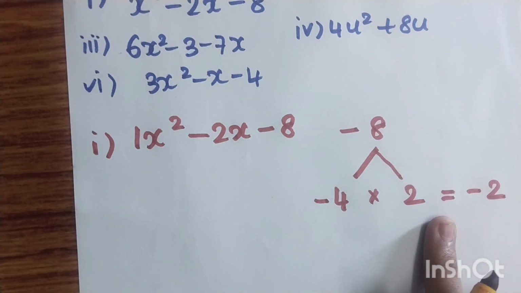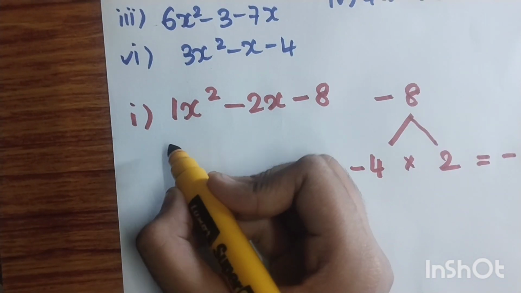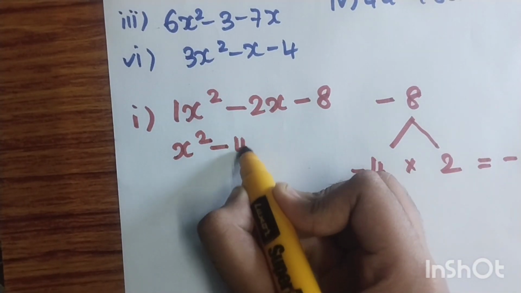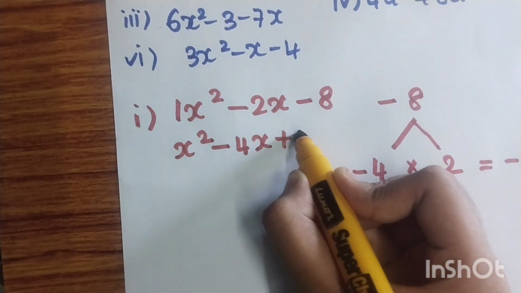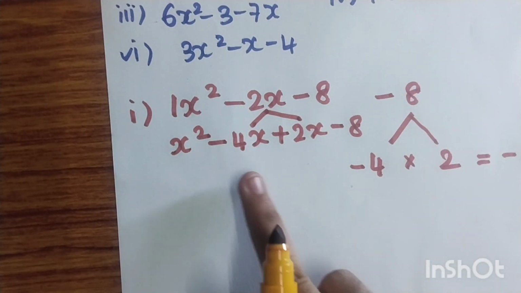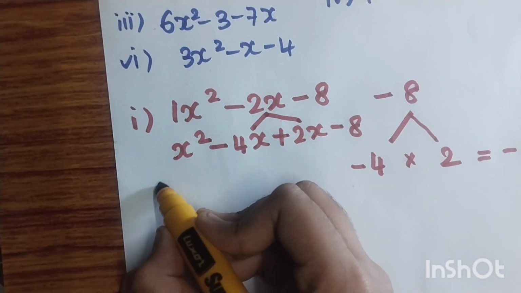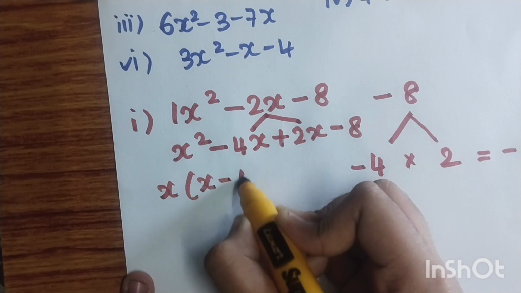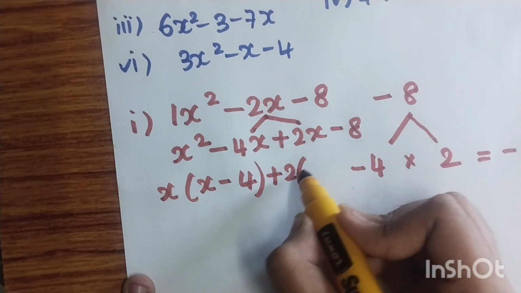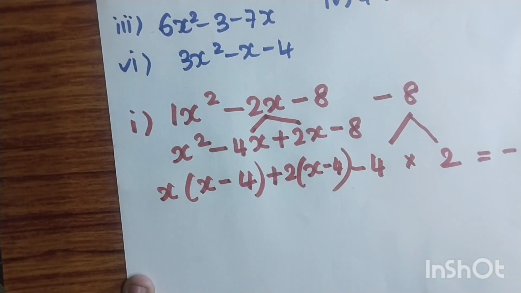Now I can write x square minus 4x plus 2x minus 8. So this minus 2x is split into minus 4x and plus 2x. Now I can take the common factor out: x minus 4, and here I can take 2 common, so the same x minus 4 remains.